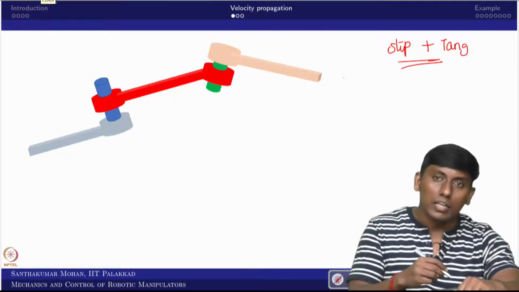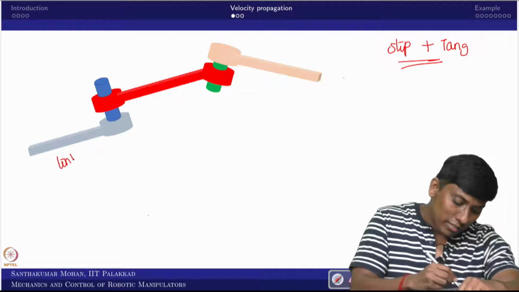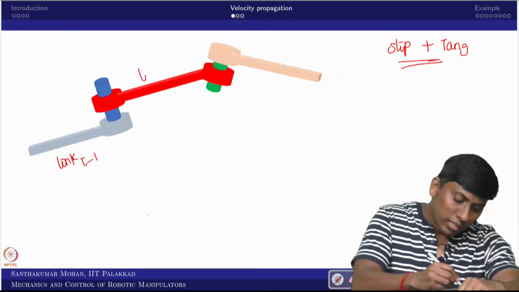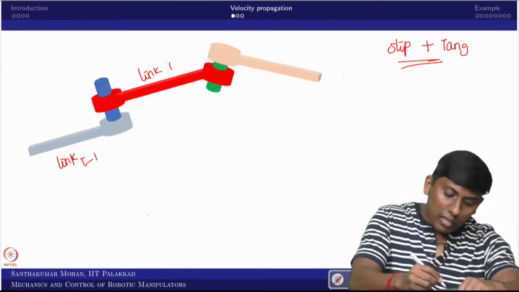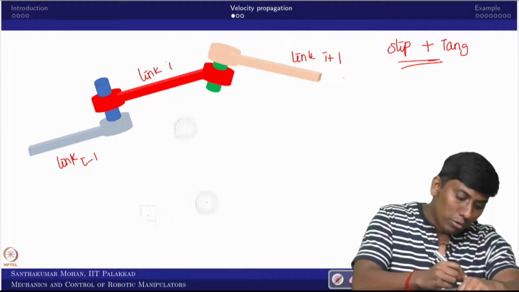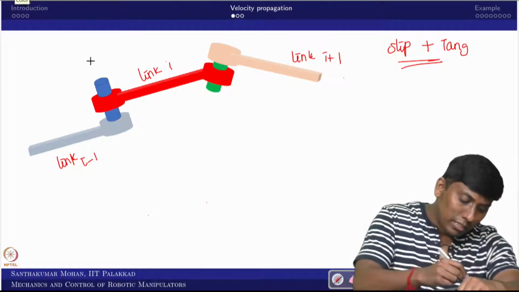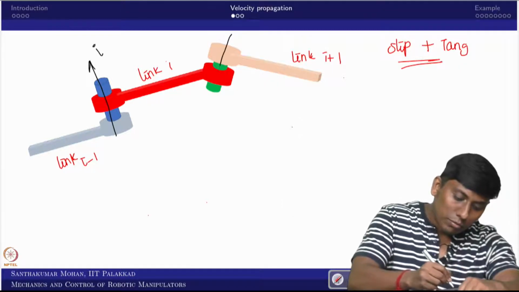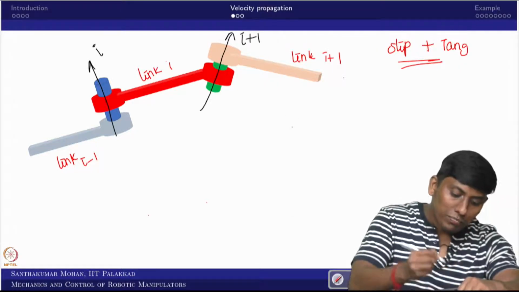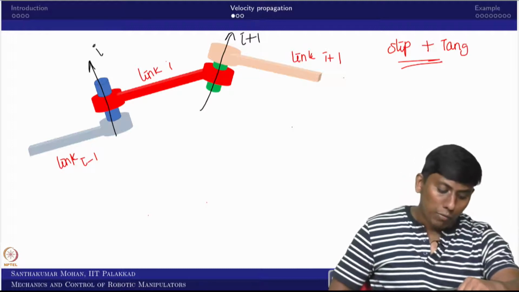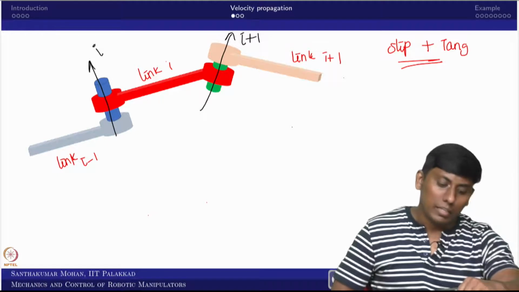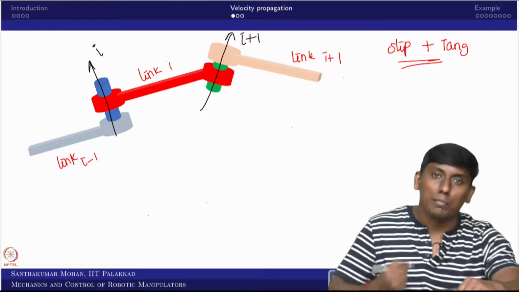You can see there are three links. I call them link I minus 1, link I, and link I plus 1. Obviously, one can expect that this would be the axis I, and this would be the axis I plus 1, right? Now if I separate only this link I, I can see it has the ith axis and the I plus 1 axis.